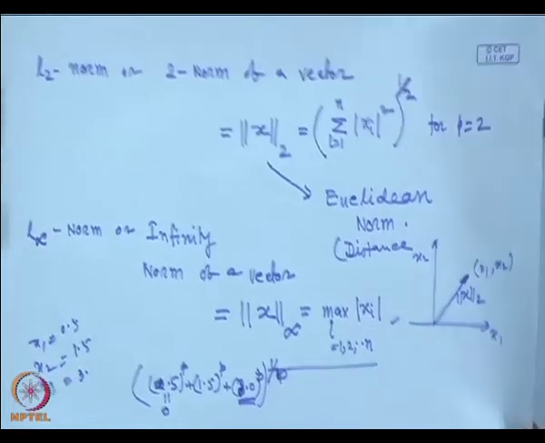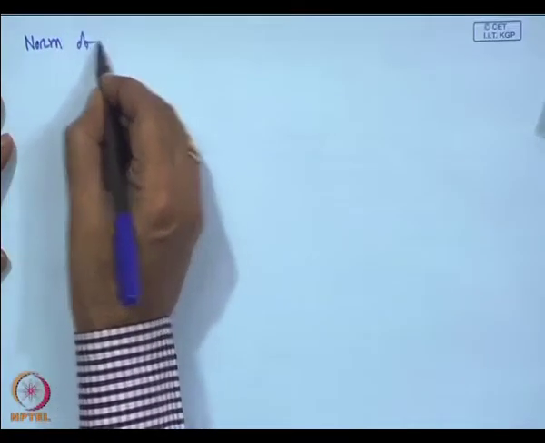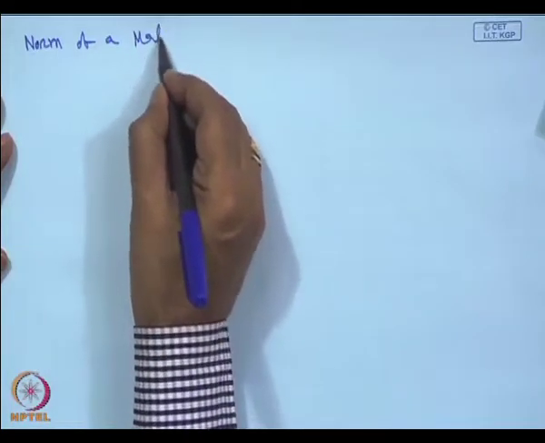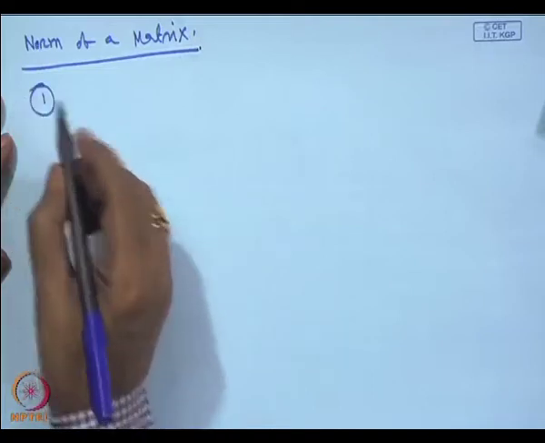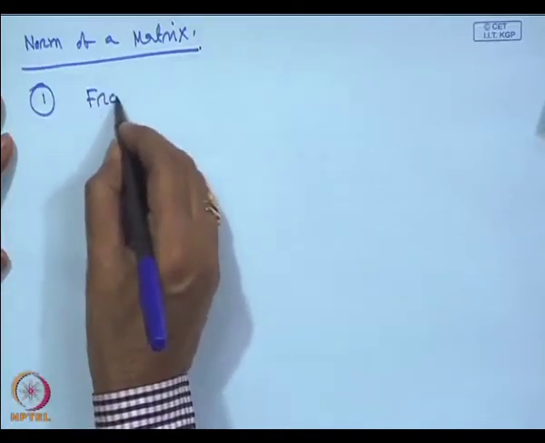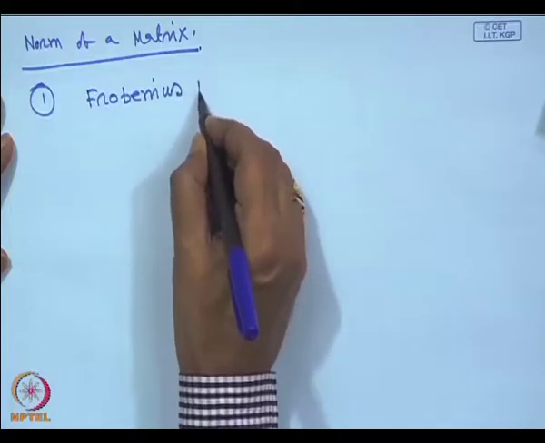So, next is the norm of a matrix. In a similar way we can define the norm of a matrix. First is the Frobenius norm.